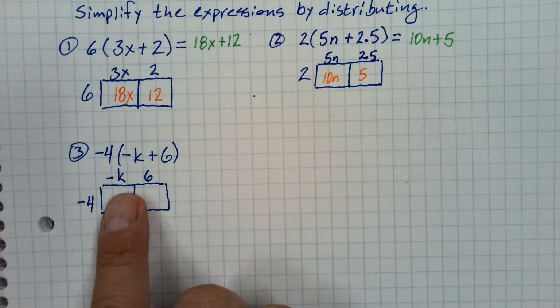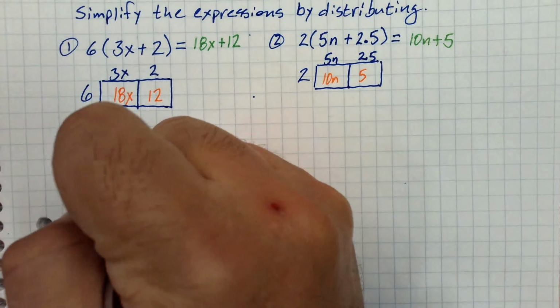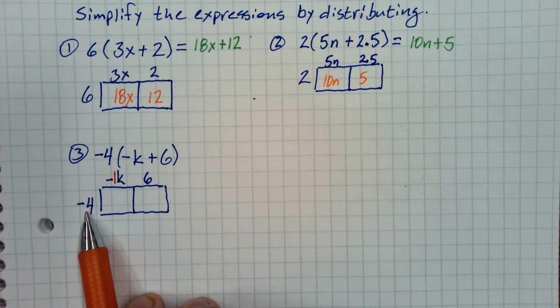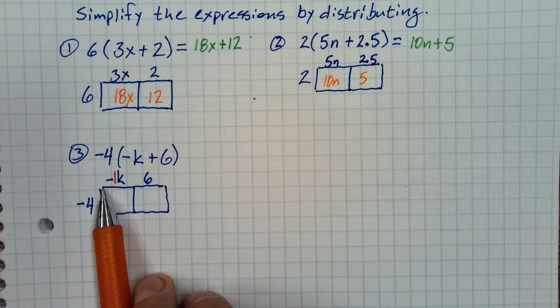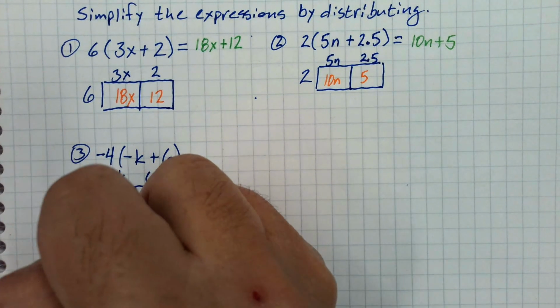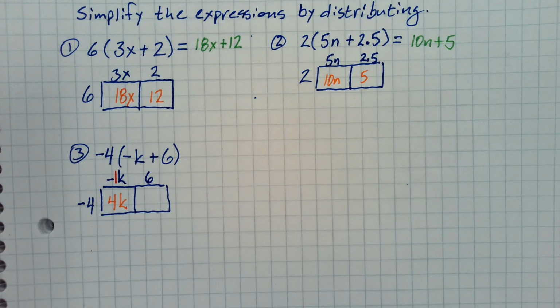I don't have a coefficient right here. I could put a 1, making it negative 1. And that's important because now I've got to multiply. And look what I'm multiplying. Negative 4 times negative 1. Positive 4k. Okay, so all those rules apply.